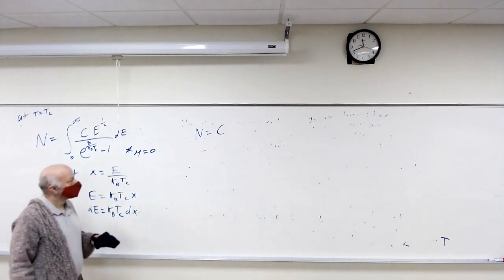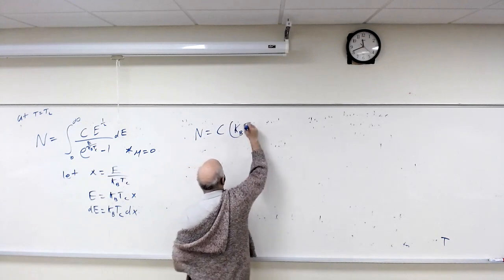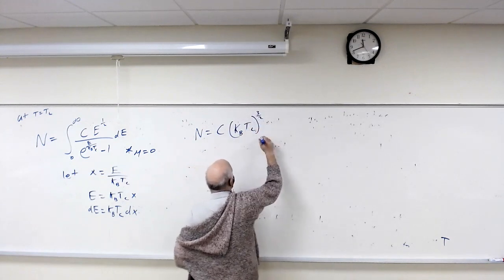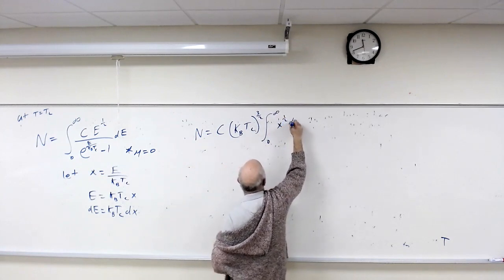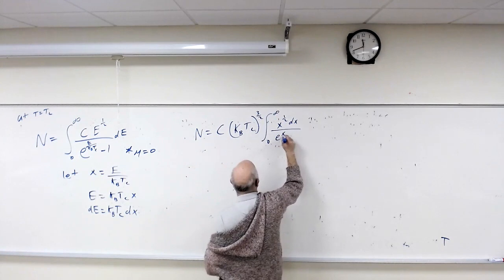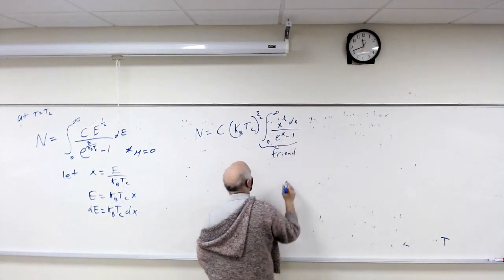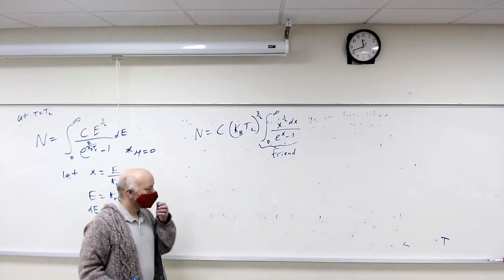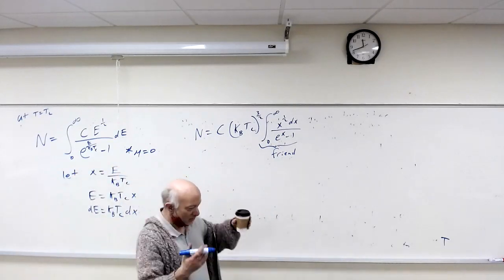Then what's left is the same, going from 0 to infinity, x to the 1/2 dx over e to the x minus 1. This is a friend. What would that equal in terms of the other functions we have?